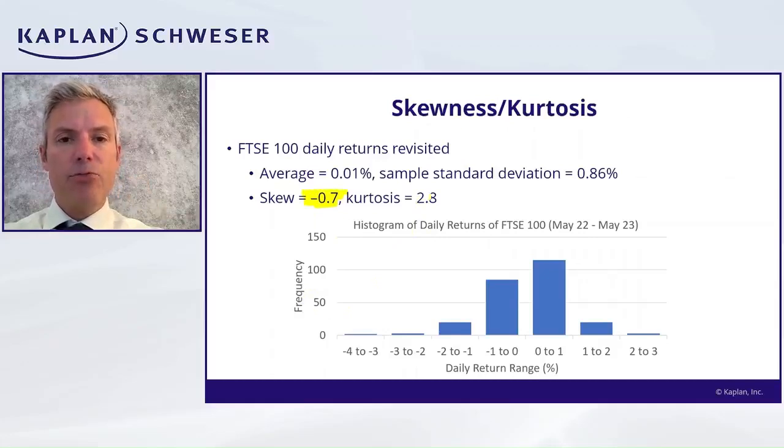Kurtosis-wise, the data is relatively normal, even slightly low kurtosis for that particular data set. The average daily return was 0.01, very, very small, and you can see how the sample standard deviation dominates your returns in the short term here. You can see how much bigger a deal risk is than returns when it comes to basic statistics.